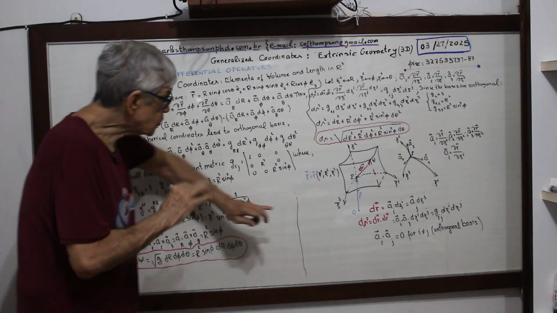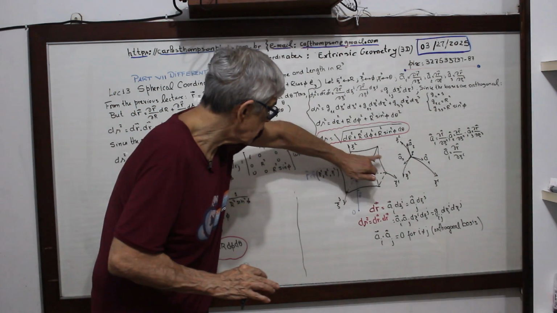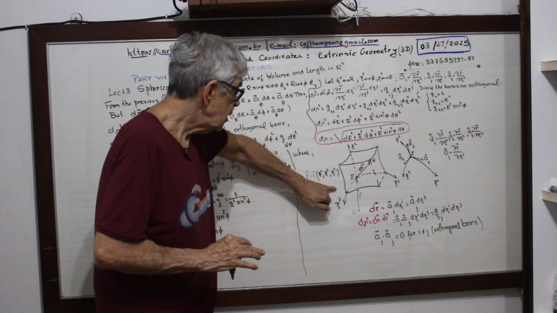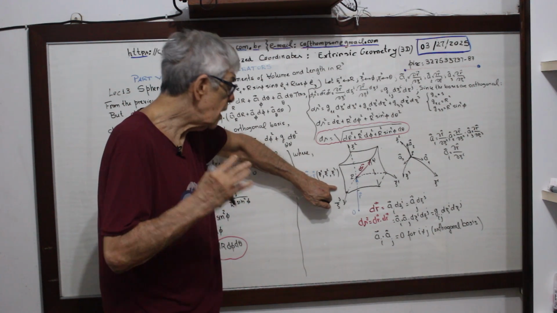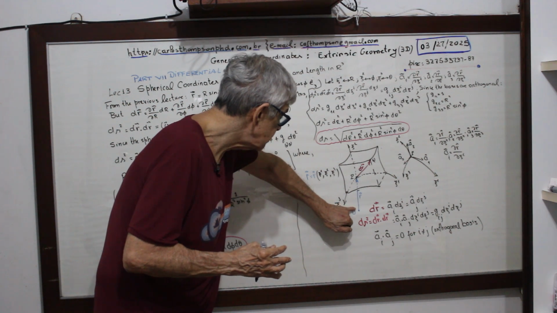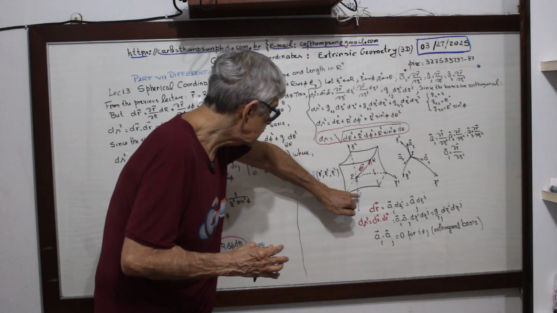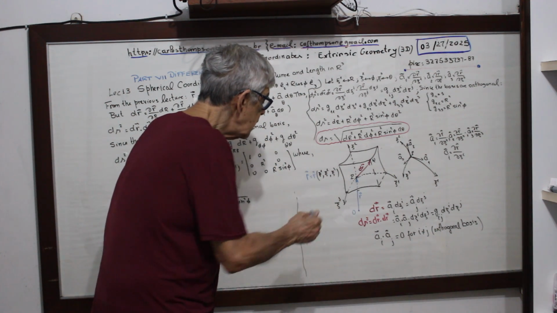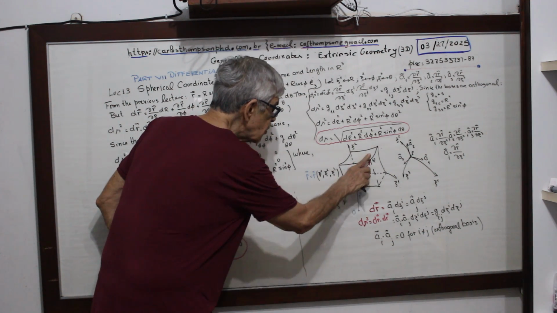Now, let's start from this figure over here, okay? This figure over here is an element, okay? This is the orange, okay? This is the position vector, that's point P. And this over here, you see the diagonal here?